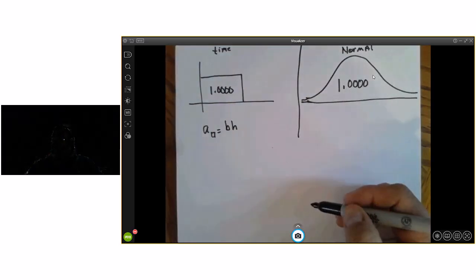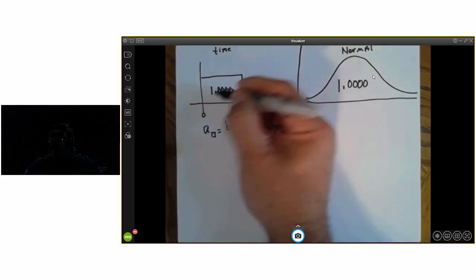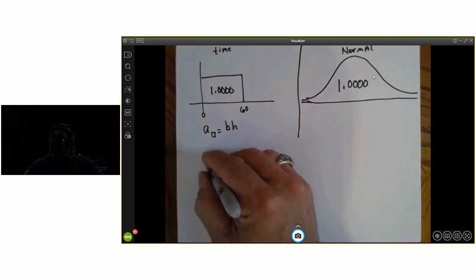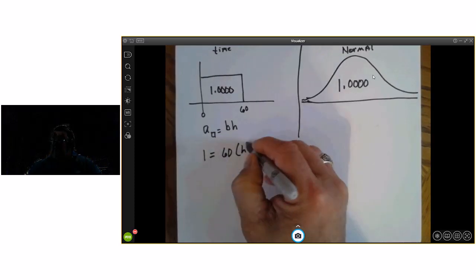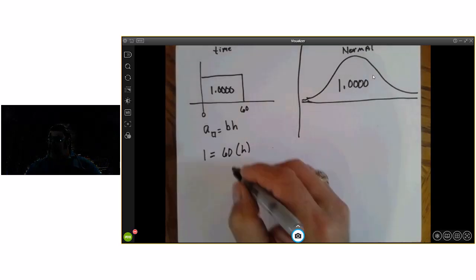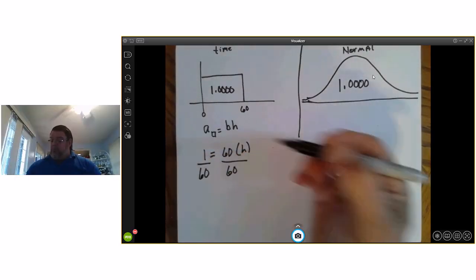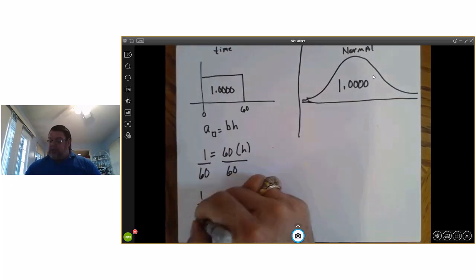So if I give you a base of 0 to 60 minutes, that base is equal to 60. And how do I solve for h? I divide by 60. So my height is equal to 1/60.